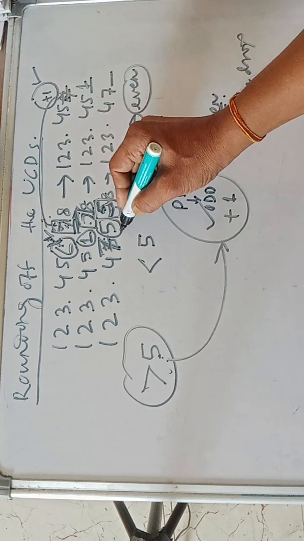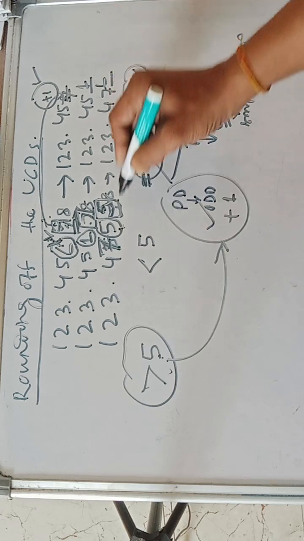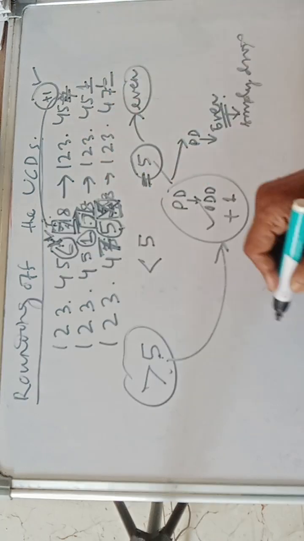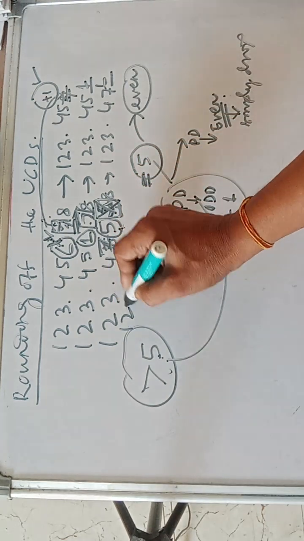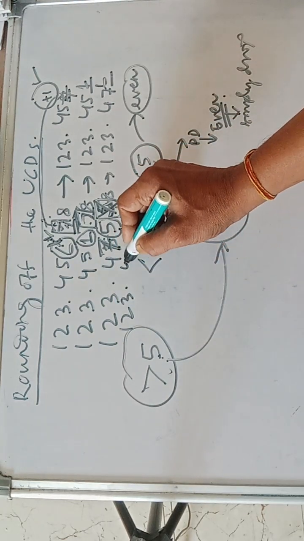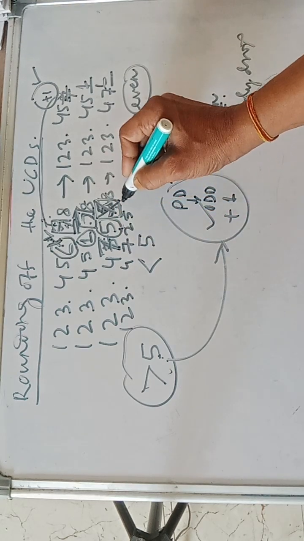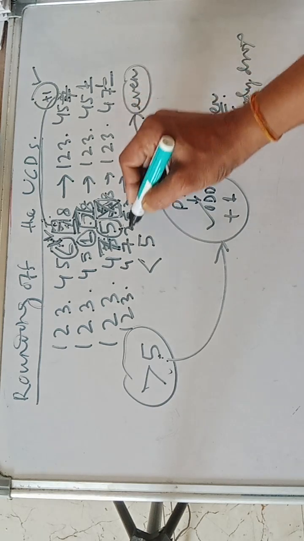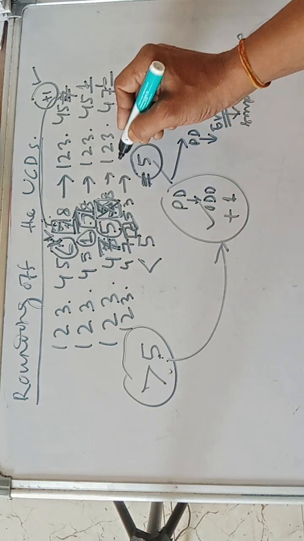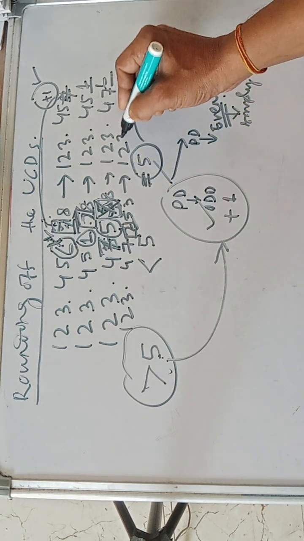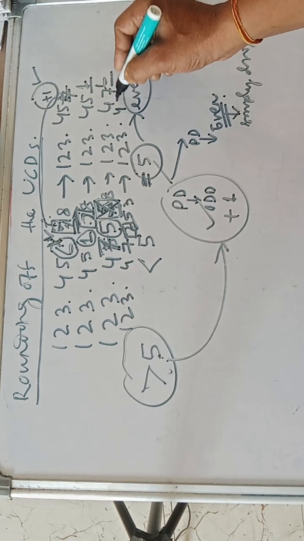That means this 5 was there, 1 will be added and it will become 6 and this will be dropped. Suppose another number is 7, 2, 5, 3. In that case, the previous number was even, so it will simply drop and no addition will be there: 1, 2, 3, 4, 7, 2.